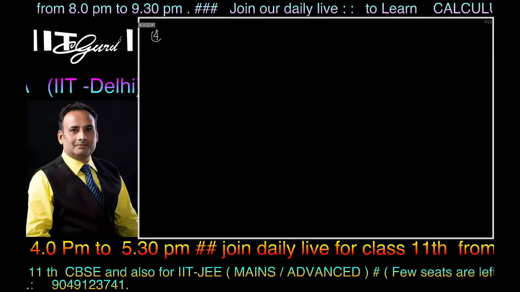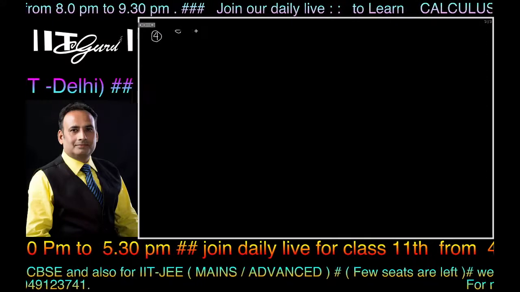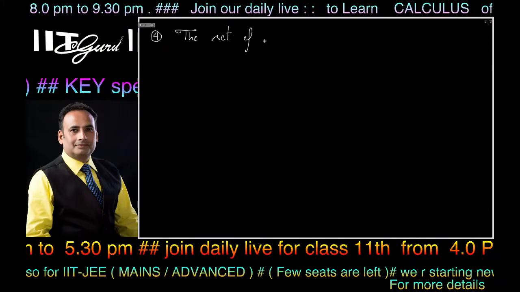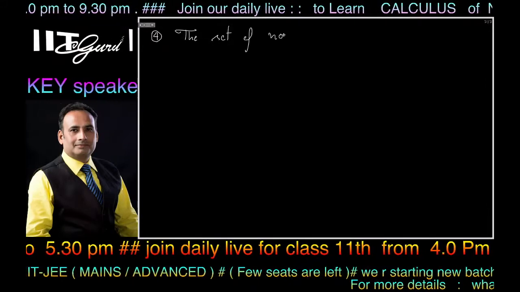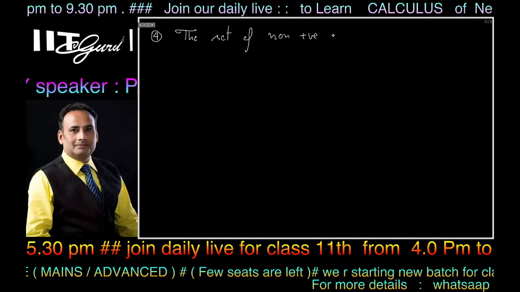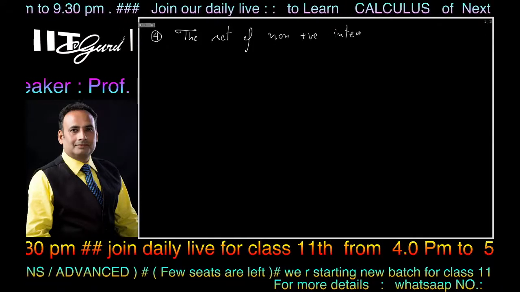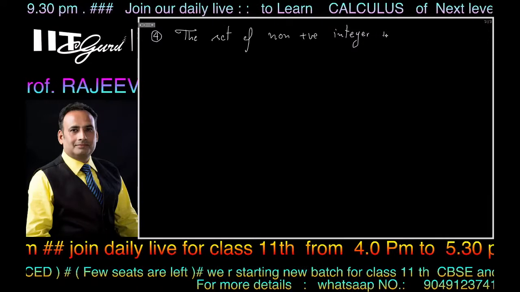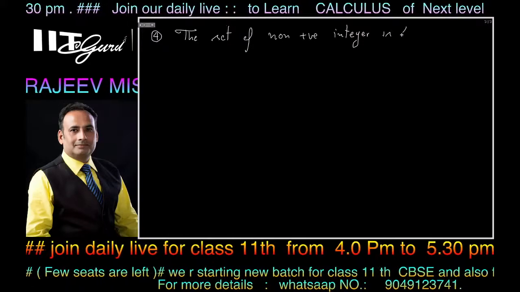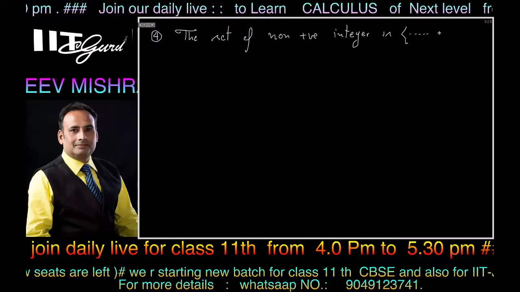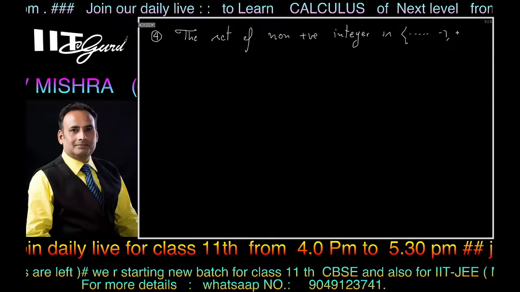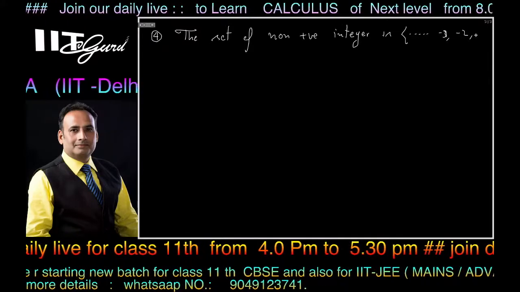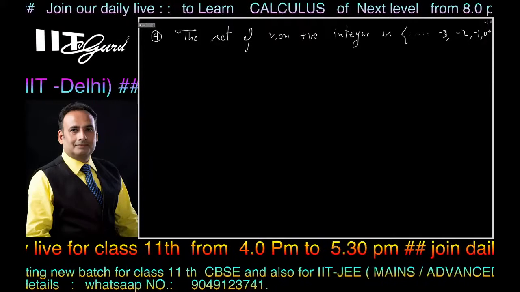So the fourth note point: the set of non-positive integers is ... -3, -2, -1 and 0.